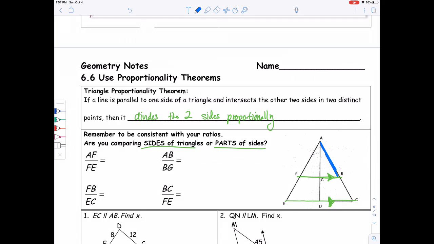Now, if you look at BC, BC can be seen as a part of a side because this is not a triangle, right? But it is part of the full side of the larger triangle. So that would be part of a side.